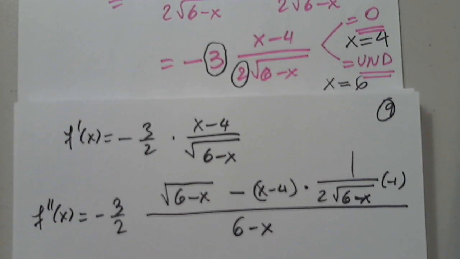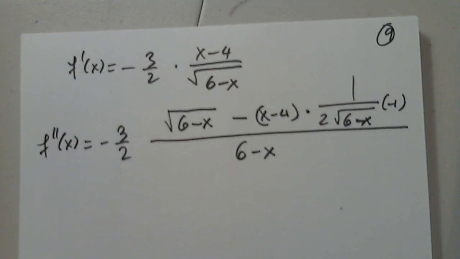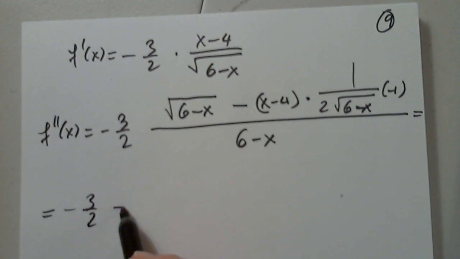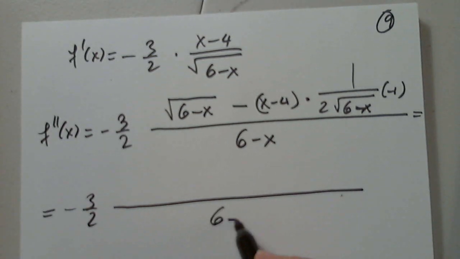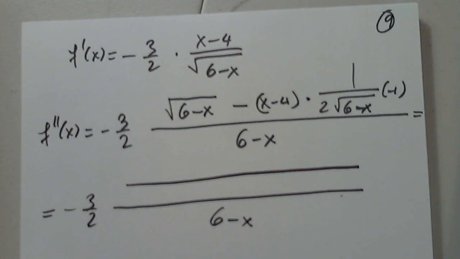This is not a friendly situation at all. So let's see how we simplify it. So -3/2, 6 minus x. Can anyone give us the least common denominator in the numerator?